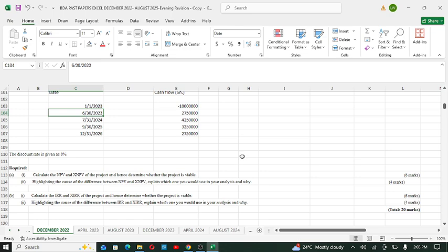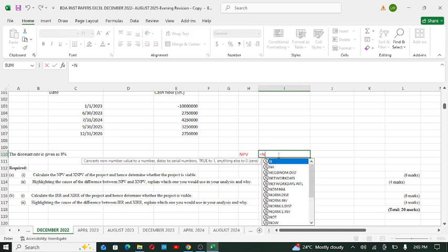So we can look at part A, Roman 1 of the question. Calculate the NPV, and then also calculate the XNPV. What's the difference between NPV and XNPV? NPV doesn't consider dates, but XNPV does, as we are going to see.